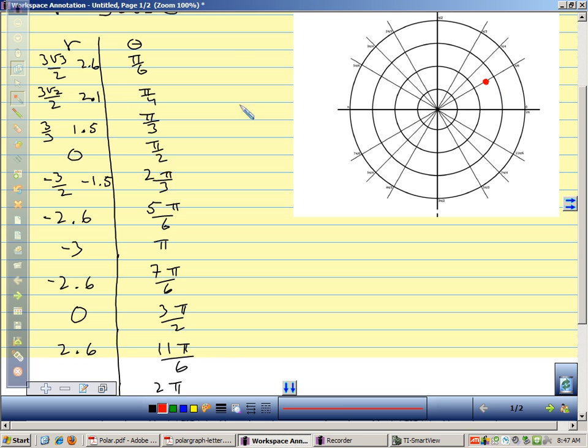At pi over 4, I'm at about 2.1, so I go up to pi over 4 and I'm about here. At pi over 3, I'm at 1.5, so here's pi over 3, and I'm here. And at pi over 2, I'm at 0, so I'm at the origin.